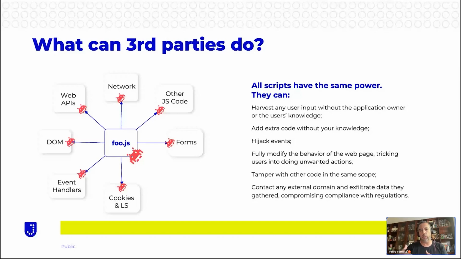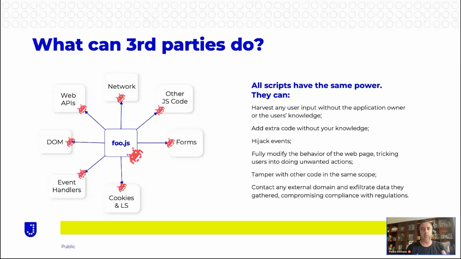They can hook into browser events like mouse clicks and keyboard typing. They can change what they do and what they will cause. They can actually fully modify the behavior of the web page. When they go that far, we say that they are compromising the integrity of the website, of the page, because the page is not displaying what the programmer intended.